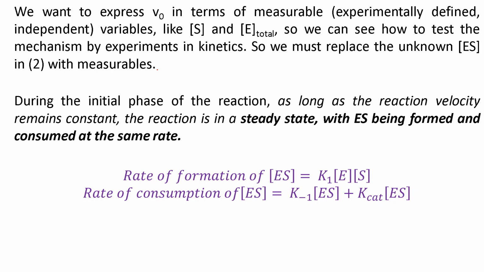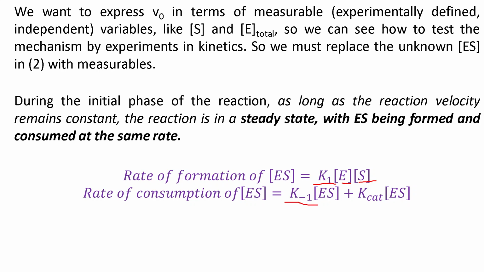I've mentioned that. Now the rate of formation of ES from the equation we have seen is equal to K1 multiplied by the free enzyme concentration multiplied by the substrate concentration. The rate of consumption of ES is broken down in two ways.